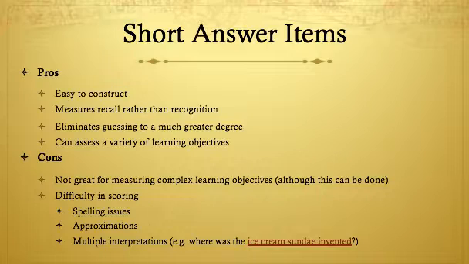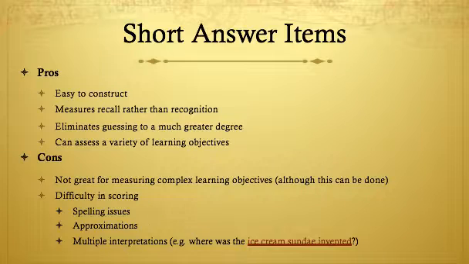And in real life, most of the time, we really want our students to be able to recall things, not just to recognize it, because it's not often where you need to think of the right information that a list of options are presented to you on a floating screen, in the middle of the woods or something like that. So that eliminates guessing, and they're flexible in that you can assess a variety of different objectives.